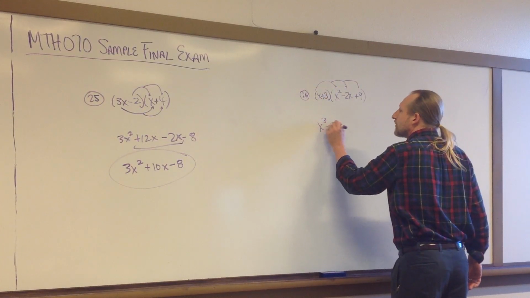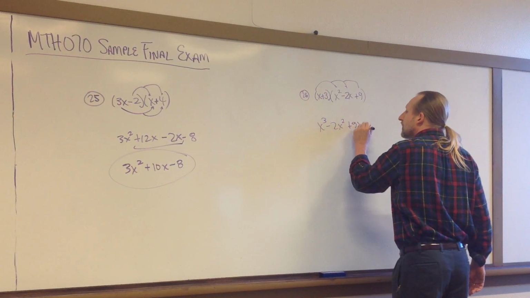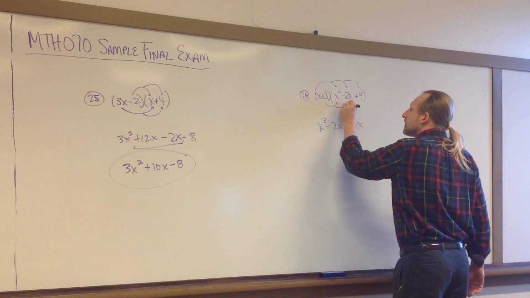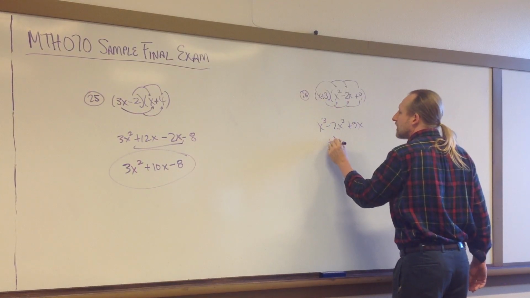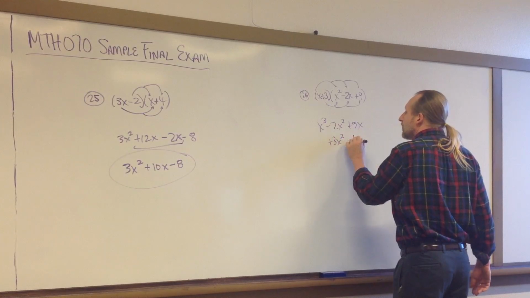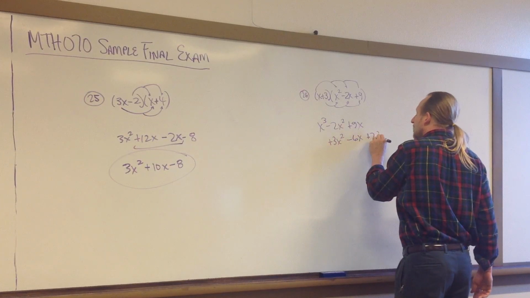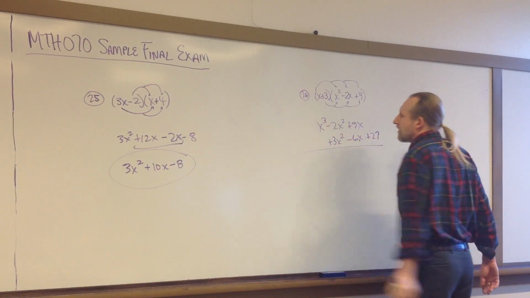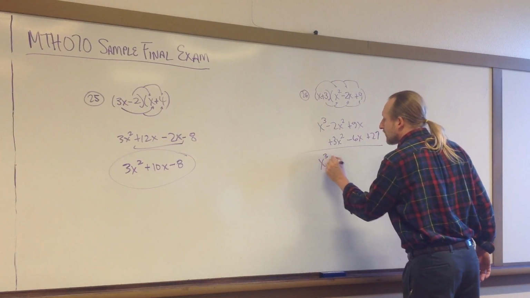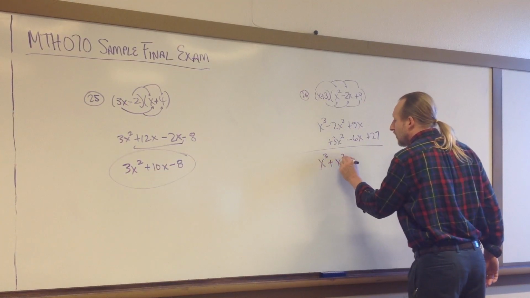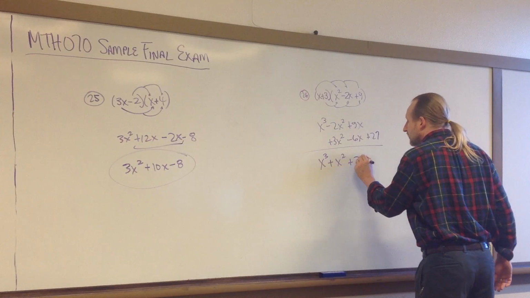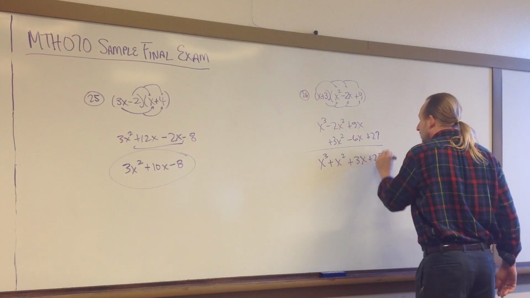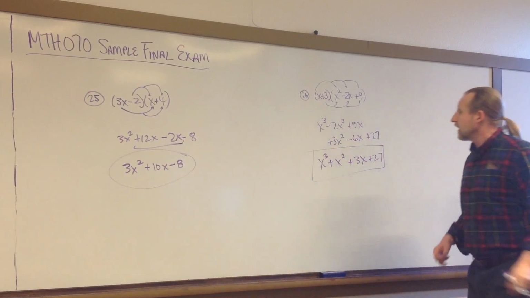So, x to the third minus 2x squared plus 9x. And then distribute the 3. So, plus 3x squared minus 6x plus 27. Okay. X to the third, positive 1x squared, positive 3x, and positive 27, and there we go.